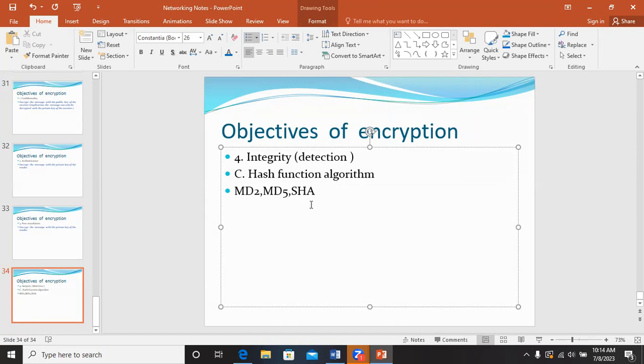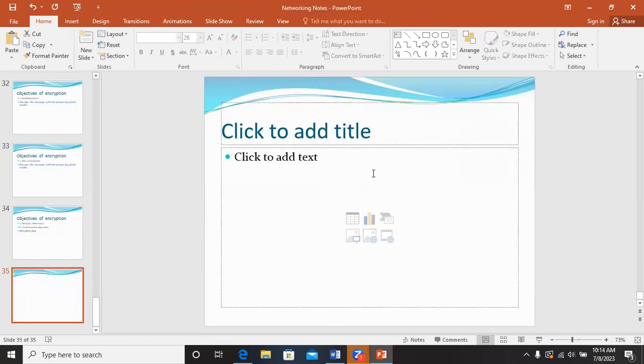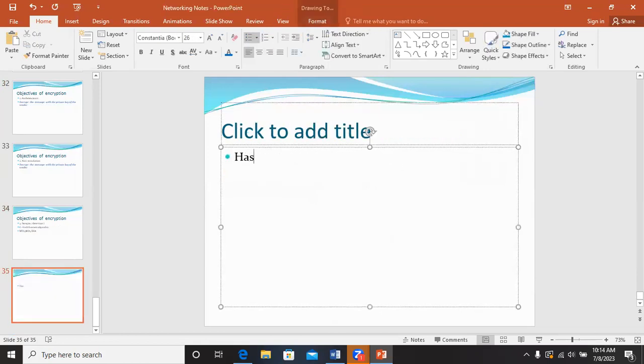So how does a hash function algorithm work? It calculates what we call a hash, also called a digest. Now, what is a hash? Assume there's a book called Akin Goes to School.